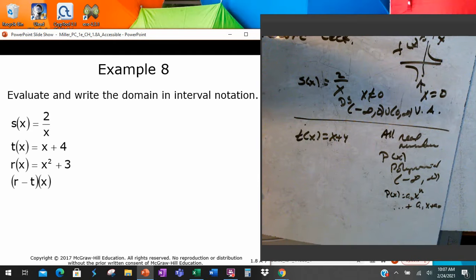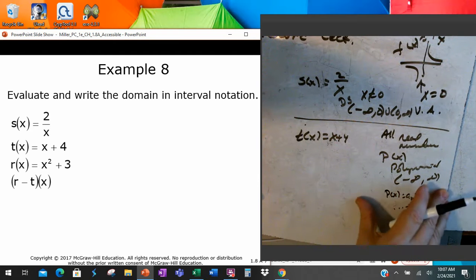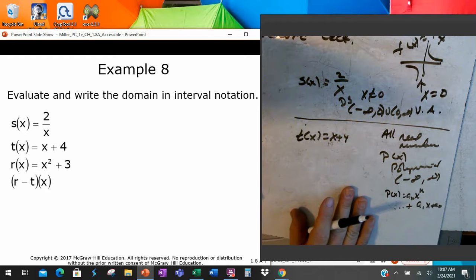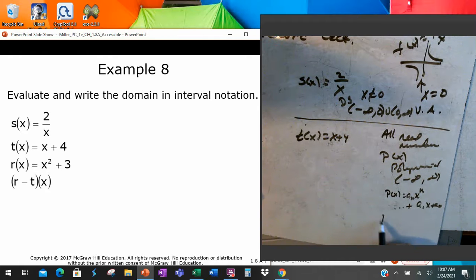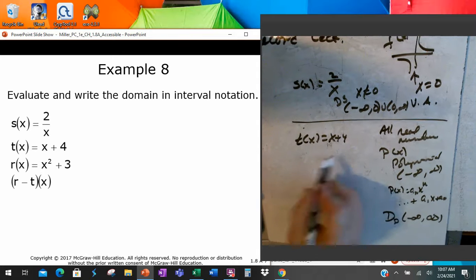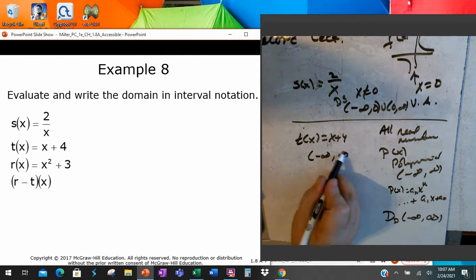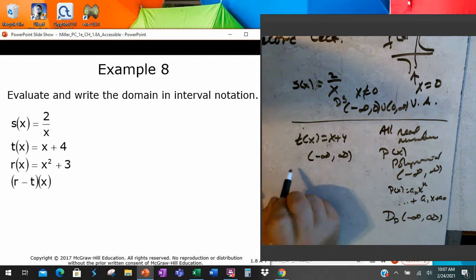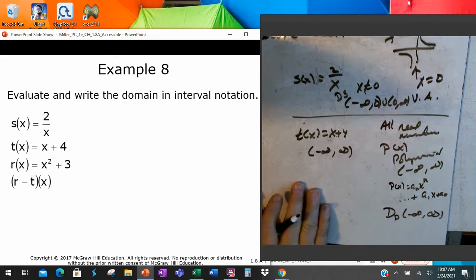All of those are basic operations that are well-defined. I come out with a well-defined number. So anything like this, the domain of a polynomial is negative infinity to plus infinity. Okay, so t of x, negative infinity to infinity. It's a straight line. Give me an x, there it is.